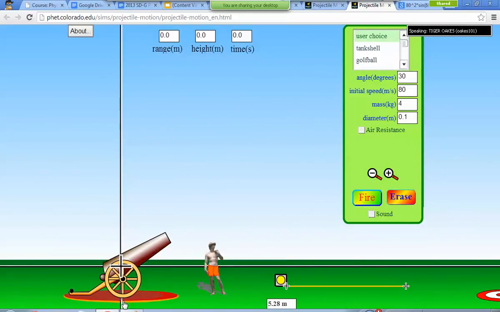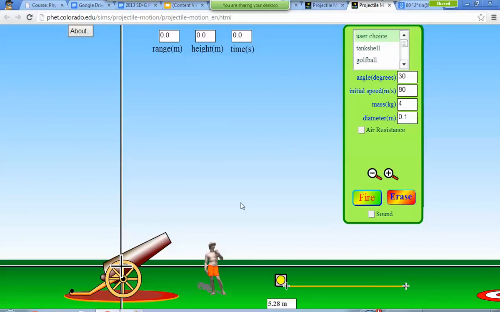Their cannon started 1.2 meters off the ground. Does that make sense? Yeah. That's why in the end you saw negative 1.2. So it ends up negative 1.2, and we didn't take that into account.